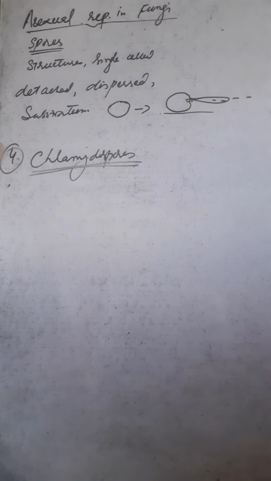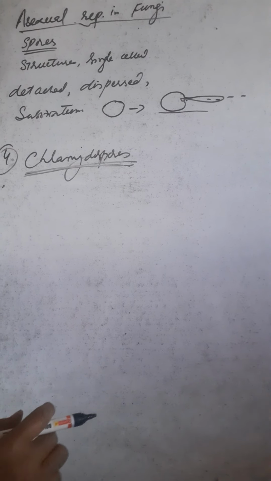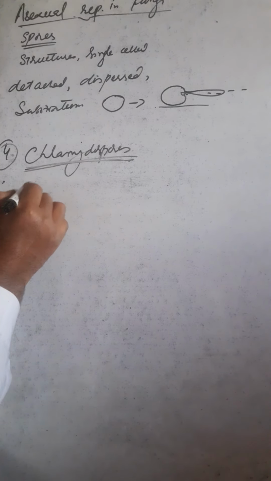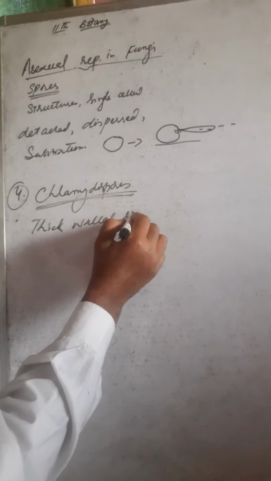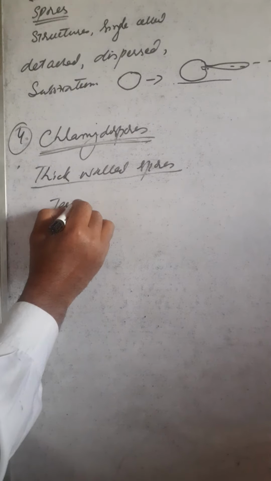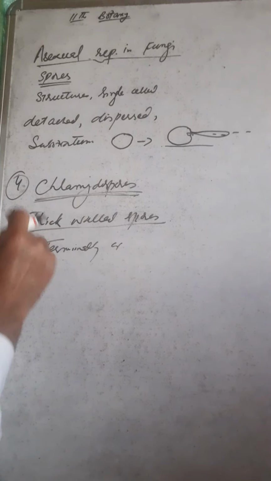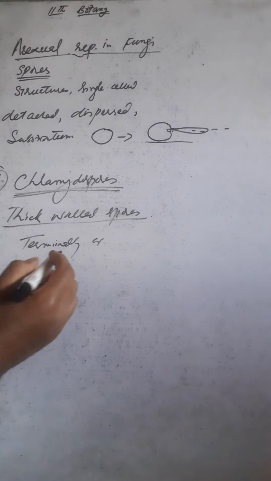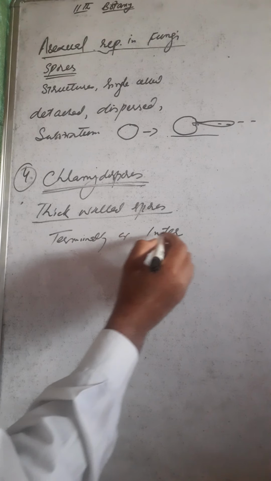Now, the fourth one is the chlamydospores. These are thick-walled spores, produced either terminally or anywhere else on the hyphae, that is, intercalary. They may be terminal or intercalary.